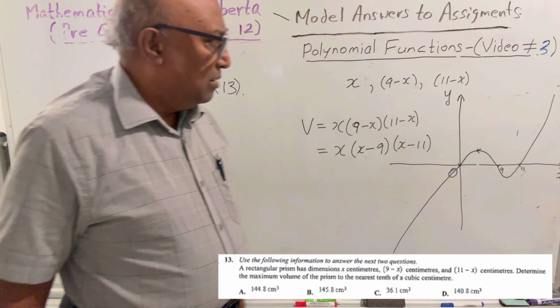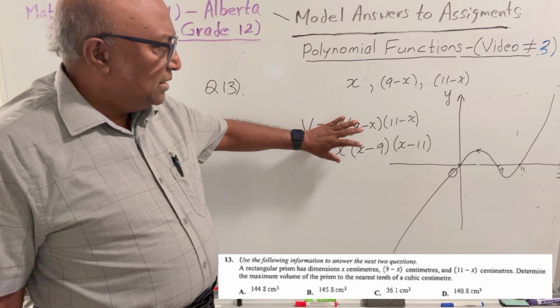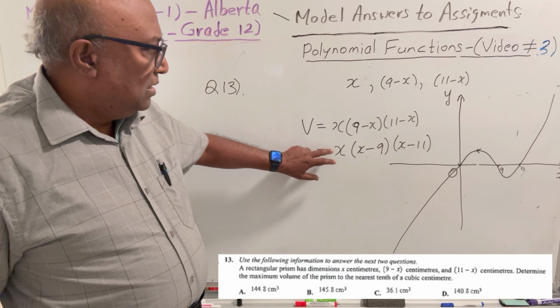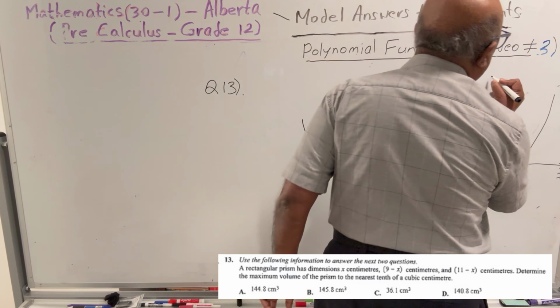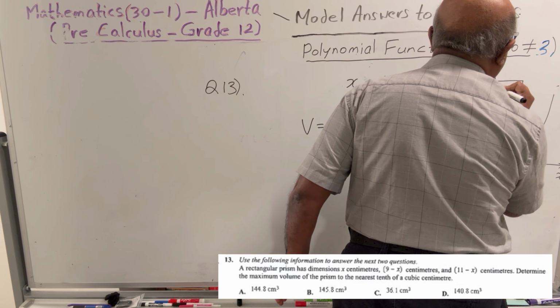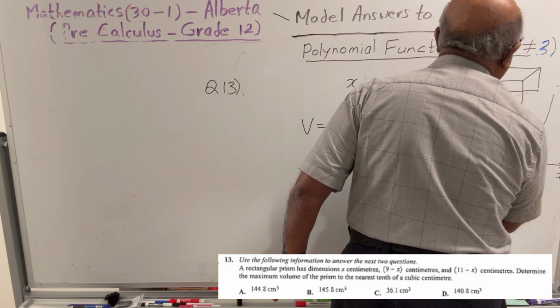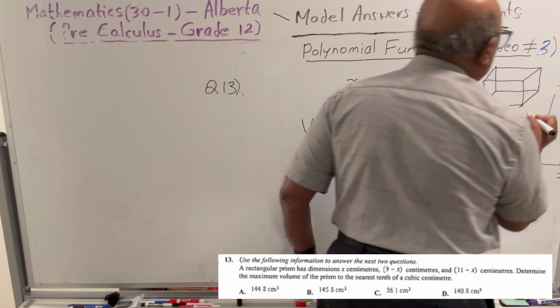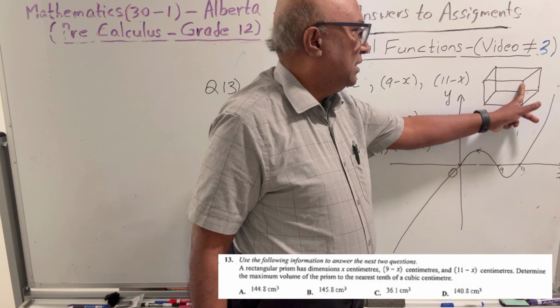Okay? But here actually we have to consider some practical situation. In the real situation, the dimensions cannot be negative, no? We are considering a rectangular prism like this. These are rectangular prisms. These are the dimensions: x, 9 minus x, 11 minus x.